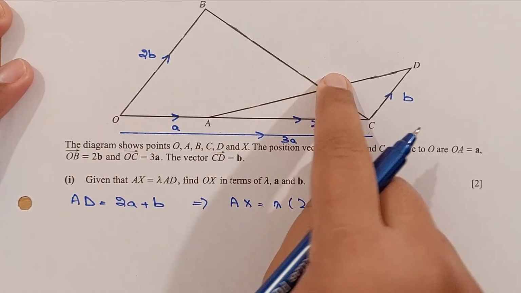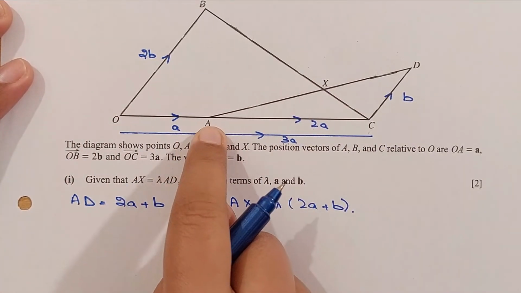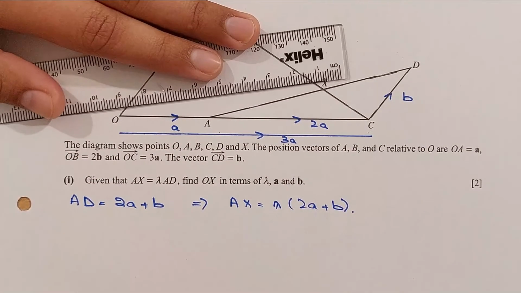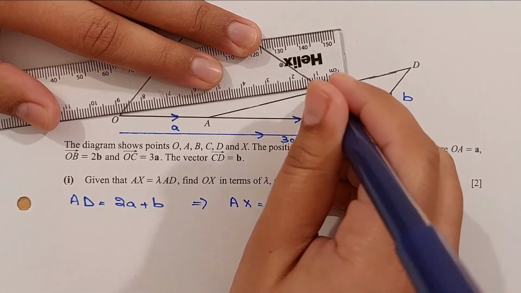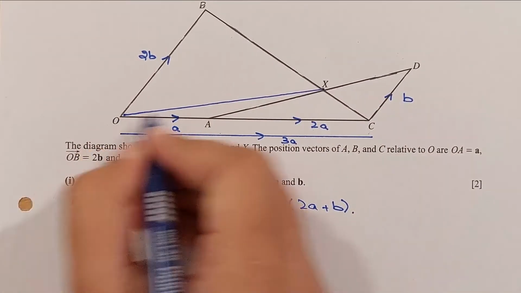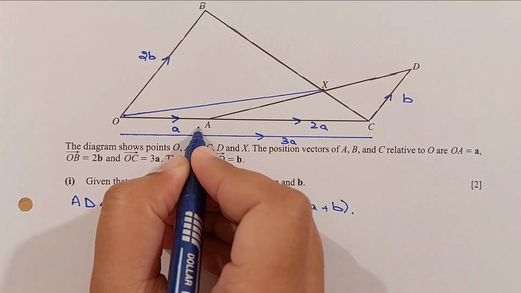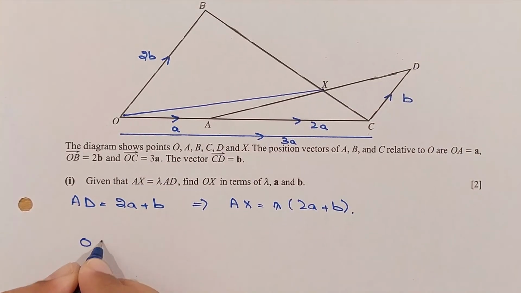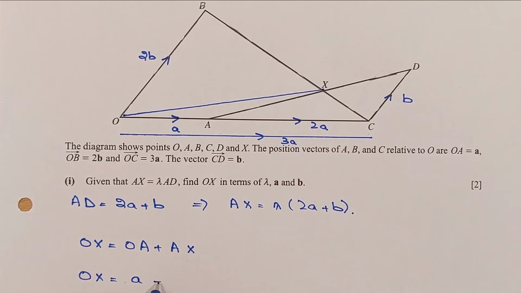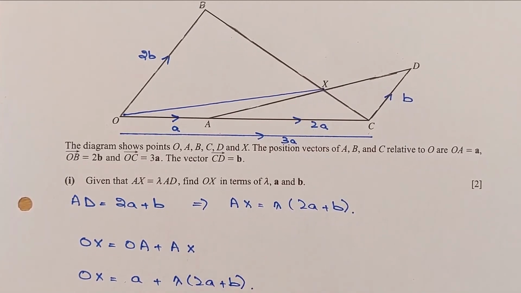So OX follows a path of OA and AX. Let me join O with X. O to X follows a path of O to A and A to X, so OX is OA plus AX. So OX equals a, since OA is just a, plus lambda times 2a plus b.